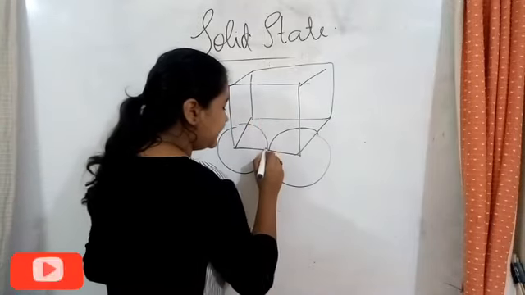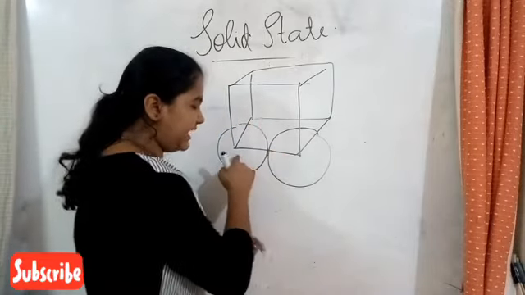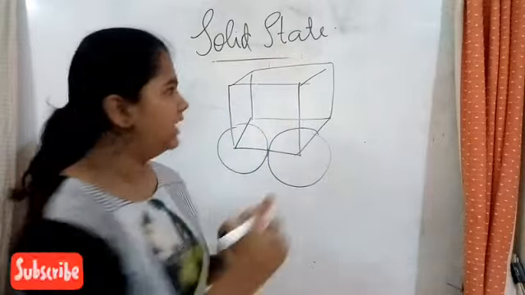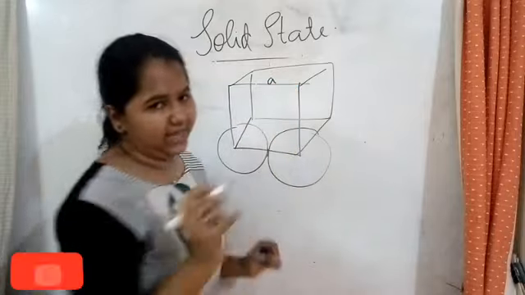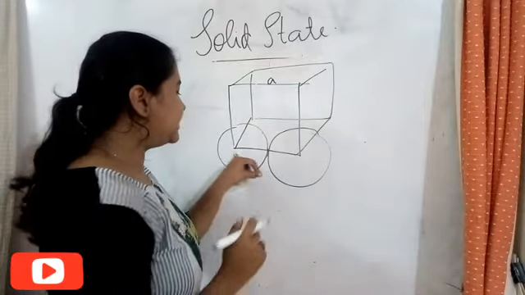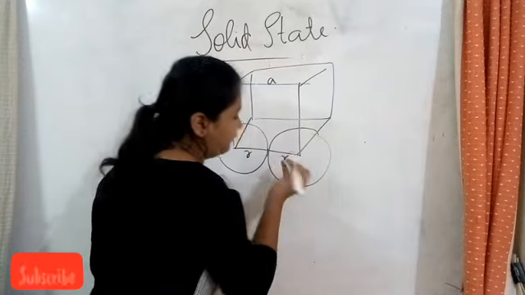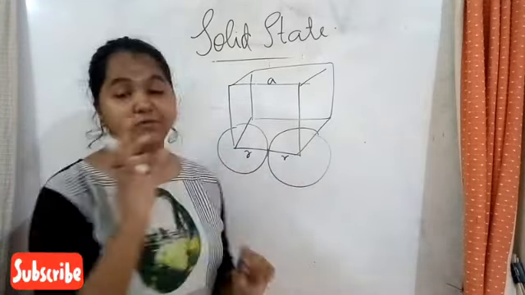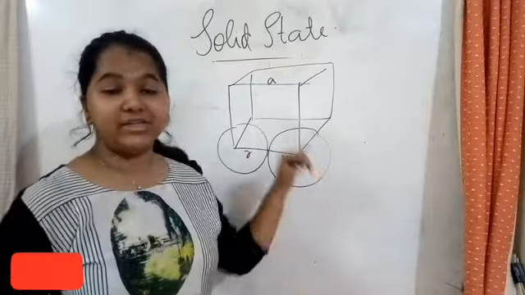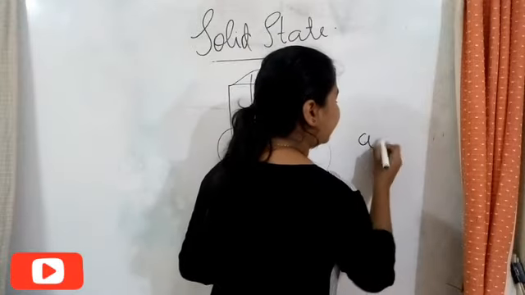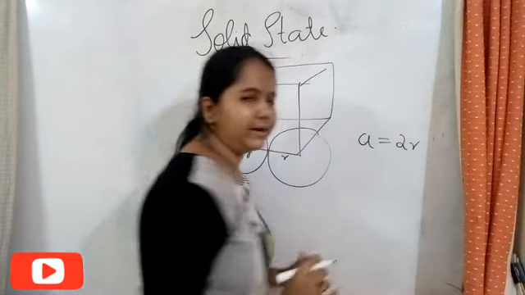These 2 are touching each other, hence let's take the length of one side of this cube to be A. And this is the radius R of our atom. So therefore we can write A is equal to 2R.